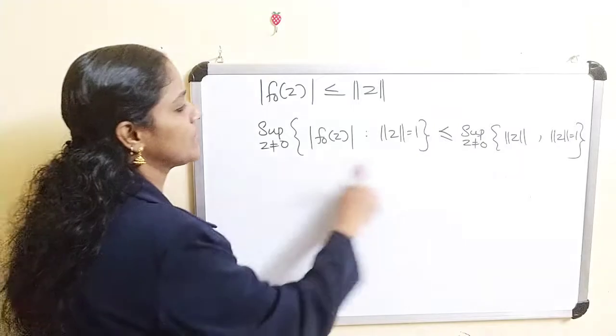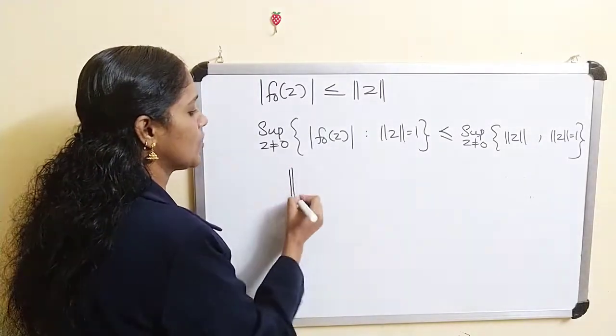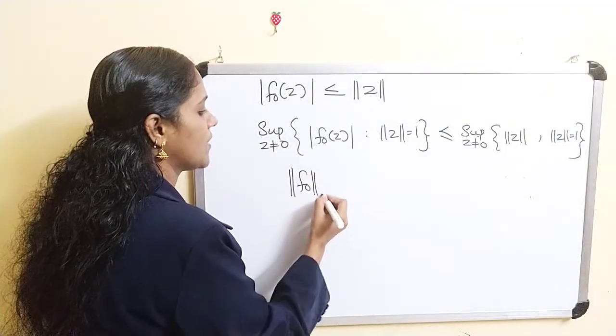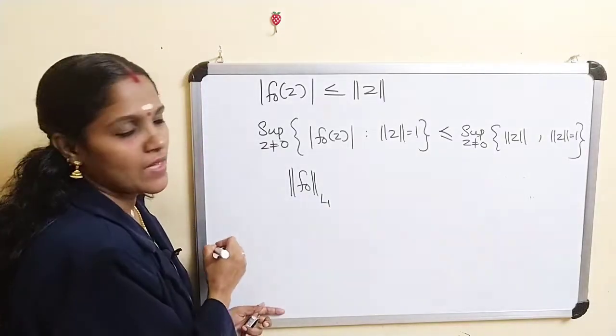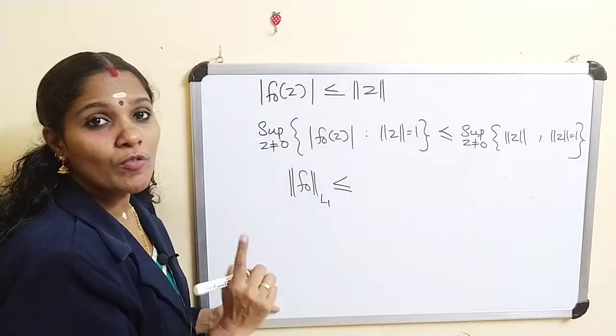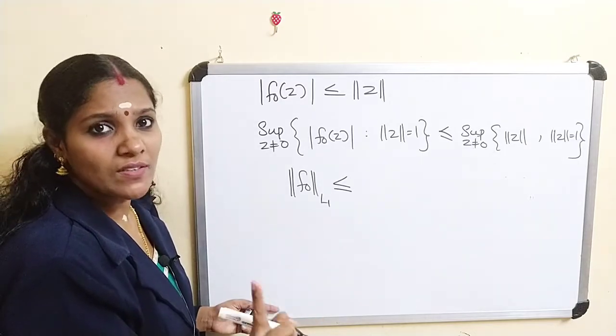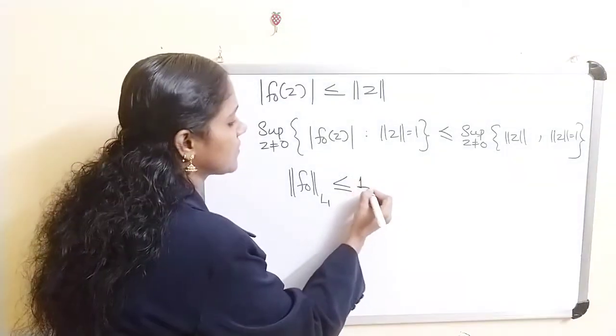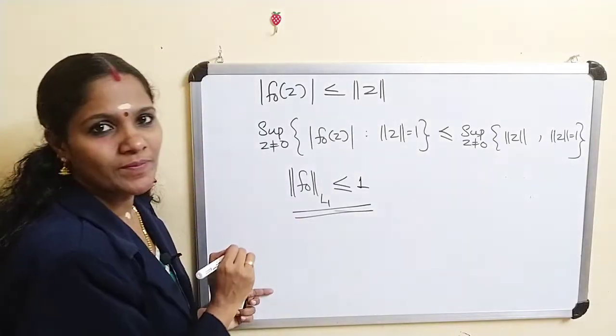Now what about this value? This is actually norm of f naught under L1, and clearly this is less than or equal to the supremum of norm of z such that norm of z equal to 1, that is 1. Therefore this is less than or equal to 1.